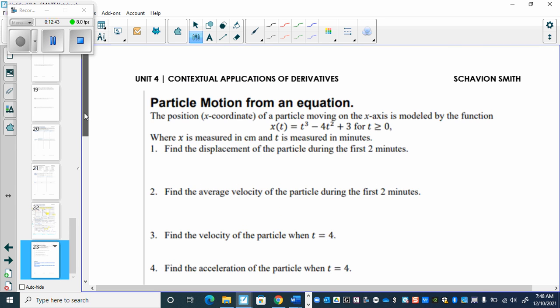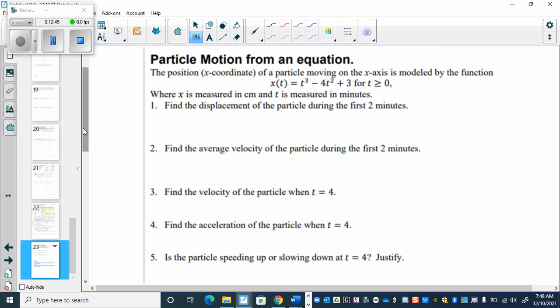All right, so just this one problem here, particle motion from an equation. The position of a particle moving on the x-axis is modeled by this function. I'm just going to go ahead and get the derivative of that function, and keep in mind x prime of t is the velocity function. So the velocity function is 3t squared minus 8, excuse me.